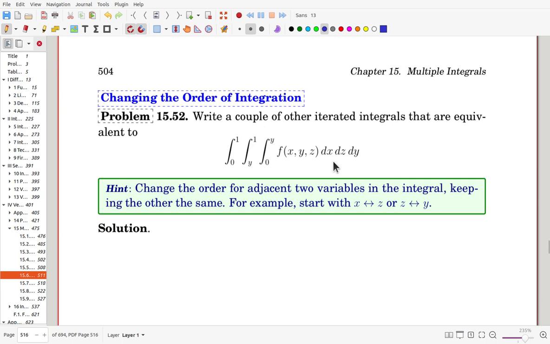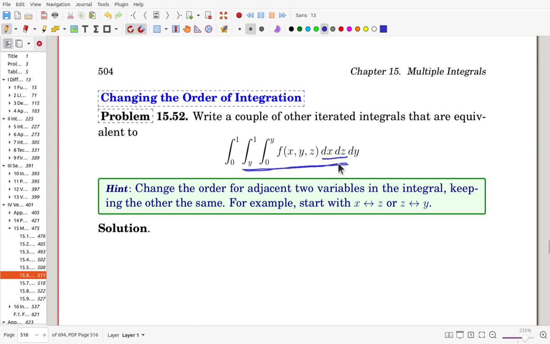Now we can change the order when, for example, if we consider x and z, then that means we are considering only this portion. And this one is defined, in any case, as a function of y, and then for each y, it is okay. So we are using exactly the same technique as for the double integral to change the order of x and z.